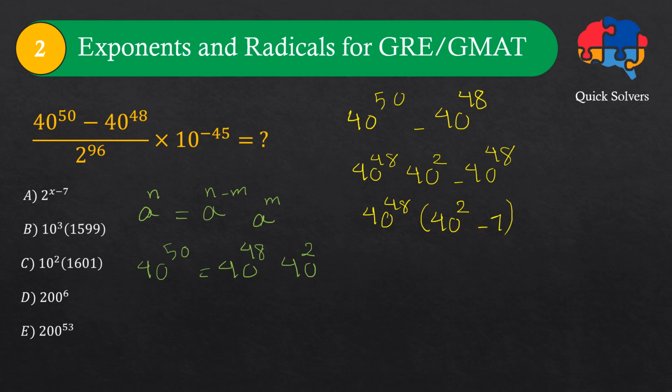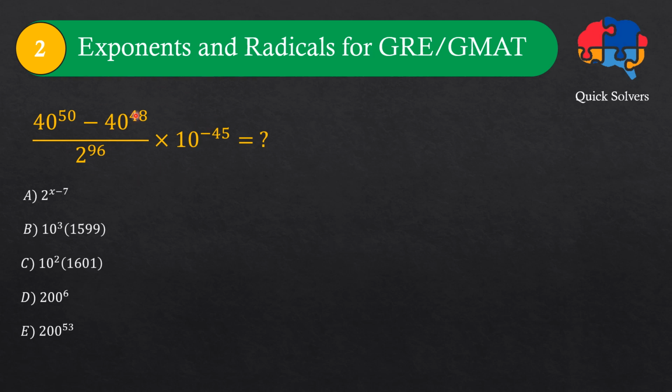So I can write this as 40 to the power of 48 times 1599. All right, so I can write the whole expression as 40 to the power of 48 times 1599 divided by 2 to the power of 96 times 10 to the power of minus 45.